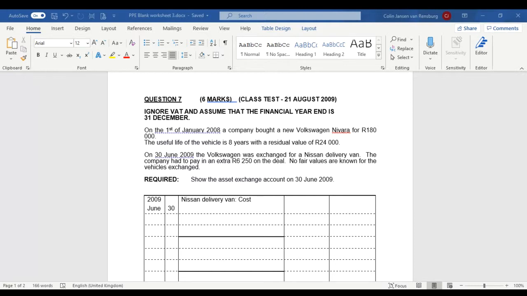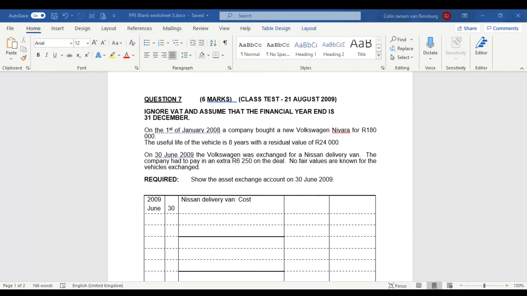Now, ladies and gentlemen, can we determine in this question as it stands, and I want you to specifically look at that last sentence where it says no fair values are known for the vehicles exchanged. So we do not know what the fair value of the Volkswagen Navara is, and we also do not know what the fair value of the Nissan delivery van is. So now you remember we are using the Volkswagen Navara as partial payment for this particular acquisition of the Nissan delivery van. But we do not know what the fair value of the Volkswagen Navara is.